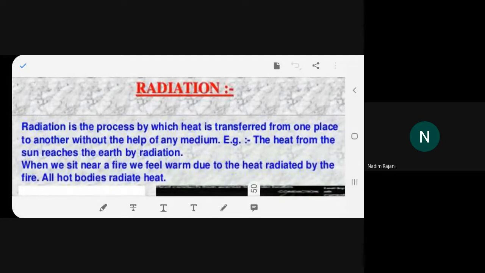Example, the heat from the sun reaches the earth by radiation. When we sit near a fire, we feel warm due to the heat radiated by the fire. All hot bodies radiate heat.